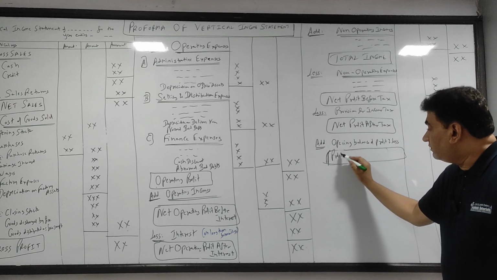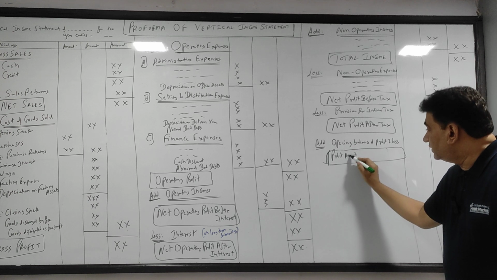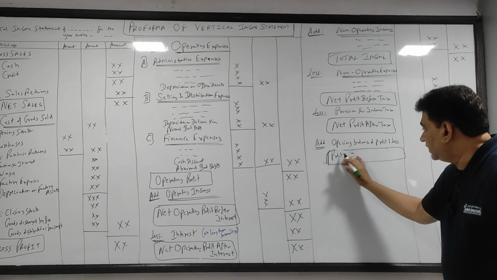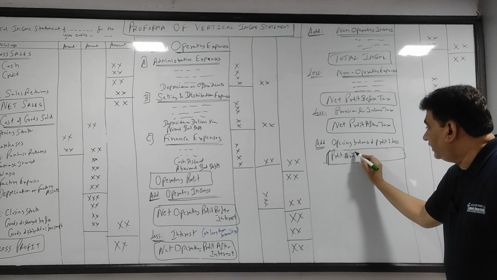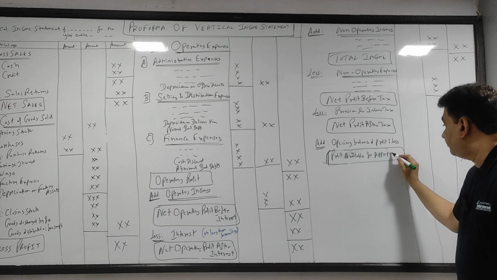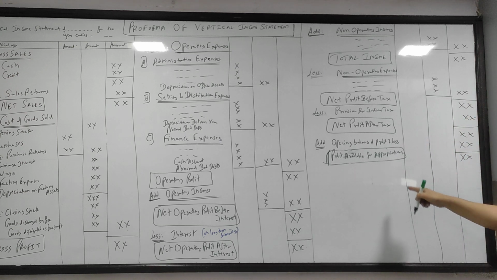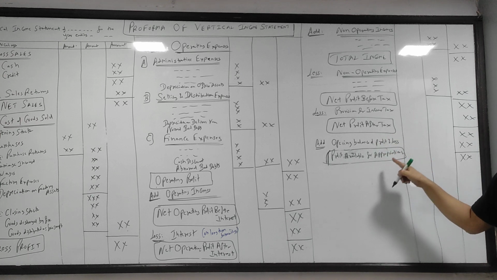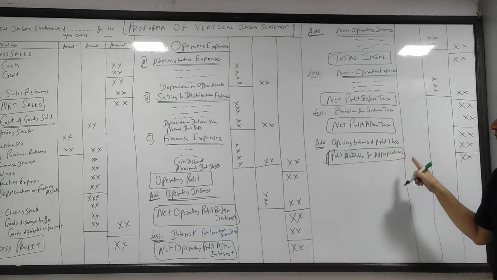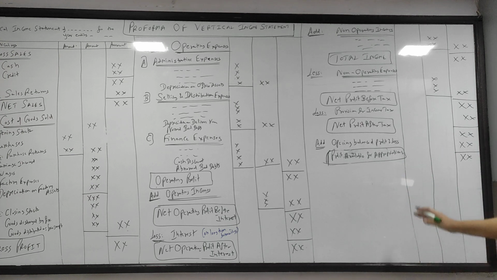So this will be profit available for appropriations. Now I'll come to that point. Net profit after tax, add opening balance of P&L, that will be my profit available for appropriations.